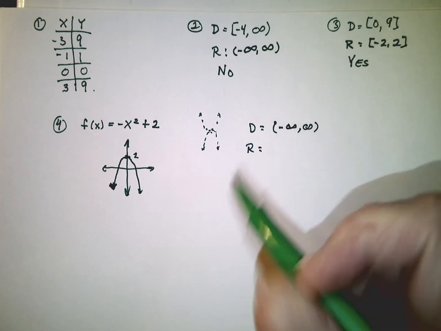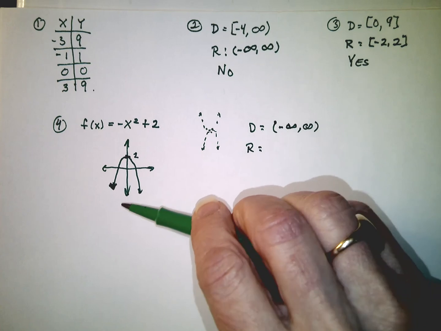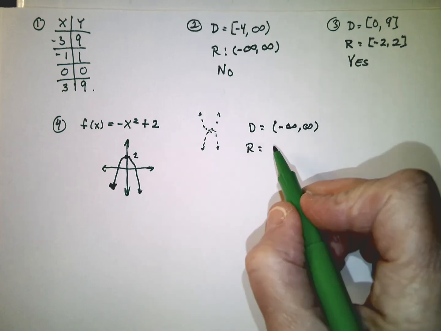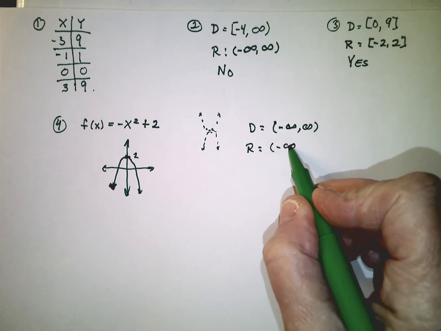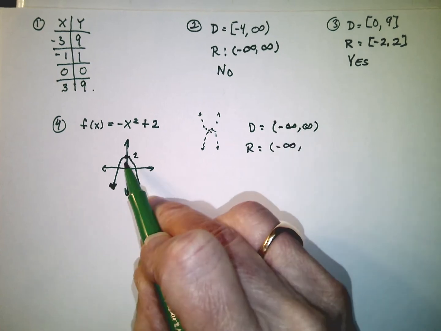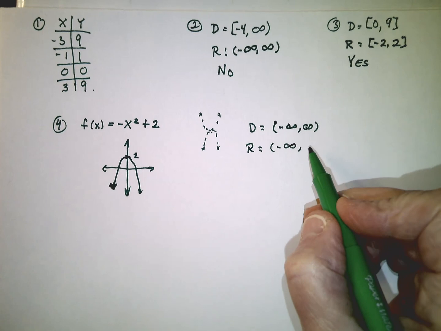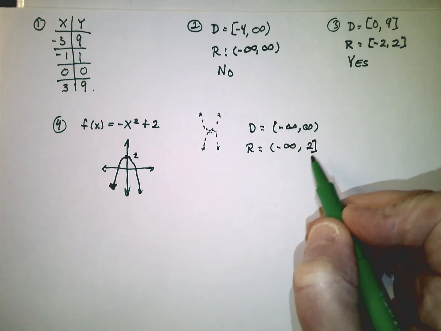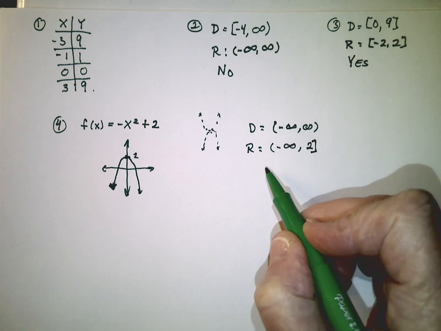The range, from bottom to top, the lowest y values to the highest y values. Well, they are going down to negative infinity. But coming up, they're going to stop at y equals 2. And we'll include that value, y equals 2.